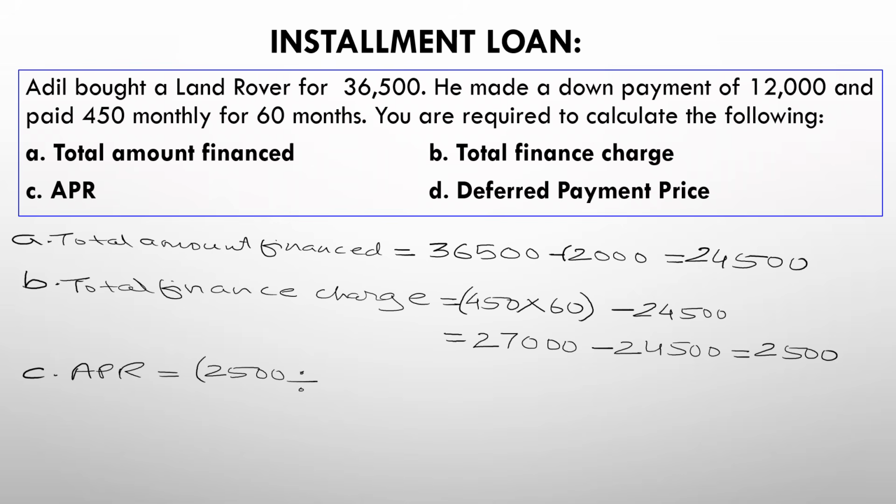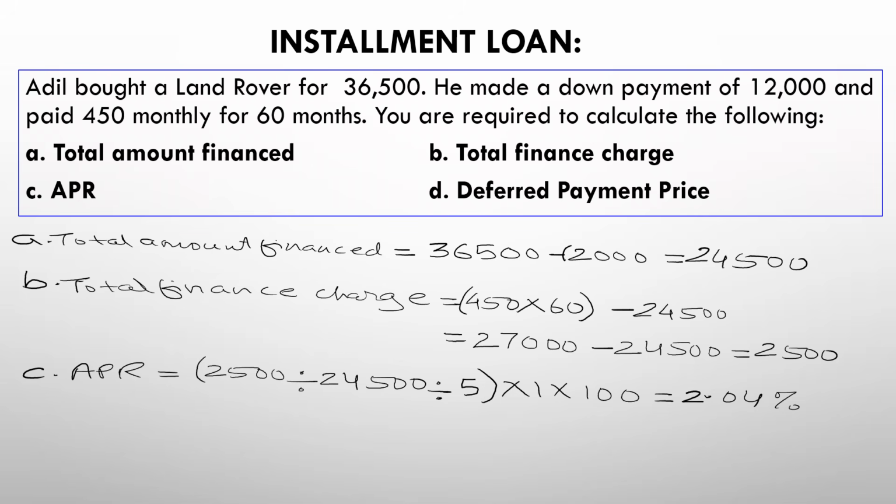How much amount has he taken? We calculated in A, 24,500, divided by term. How much time? 60 months, which means 5 years. Bracket close, multiply by 100. APR means annual percentage rate, so it will come in percentage. When you calculate on the calculator, it will come to 2.04%.